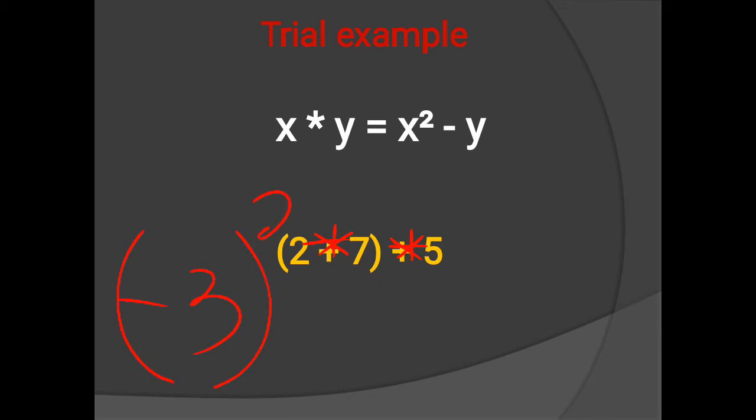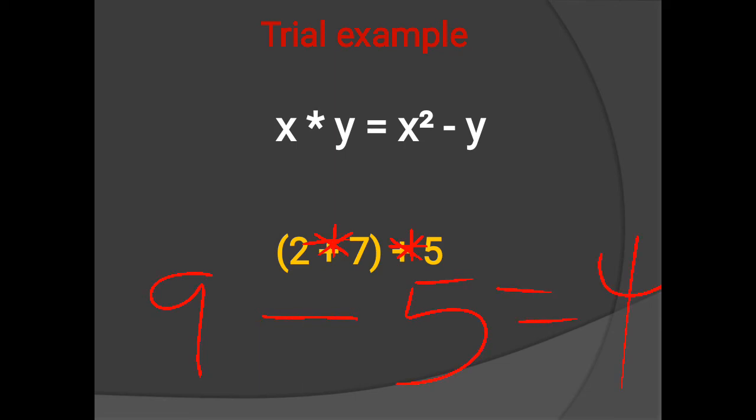Don't forget the minus 3 is all the x. Minus 3 squared is going to be positive 9, because the negative is also squared. So 9 minus 5 should give us 4. Put it in mind, we had 4.